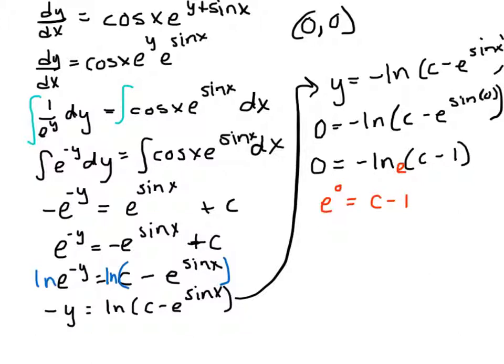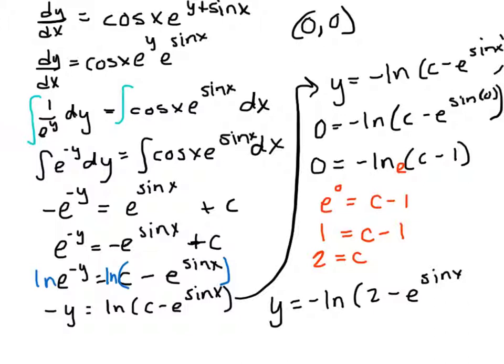E to the 0 is, of course, 1, equals c minus 1. Add 1 to the other side, so 2 is equal to c. So then our final equation, our particular solution, is that y is equal to the negative natural log of 2 minus e to the sine of x. That's it.